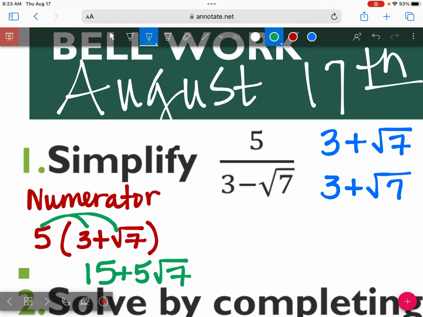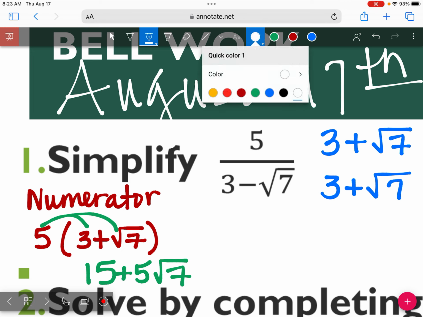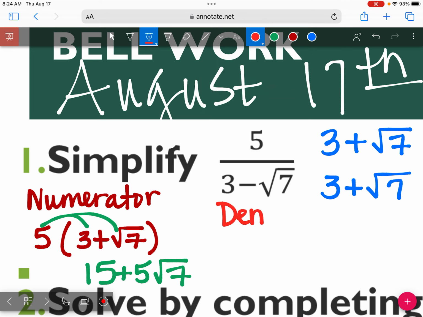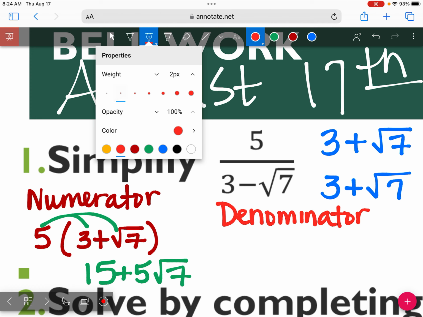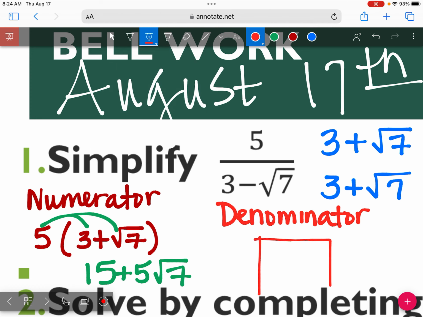For my denominator, we're going to make a box. So we have 3 minus root 7 times 3 plus root 7. And we're going to fill in all 4 squares.